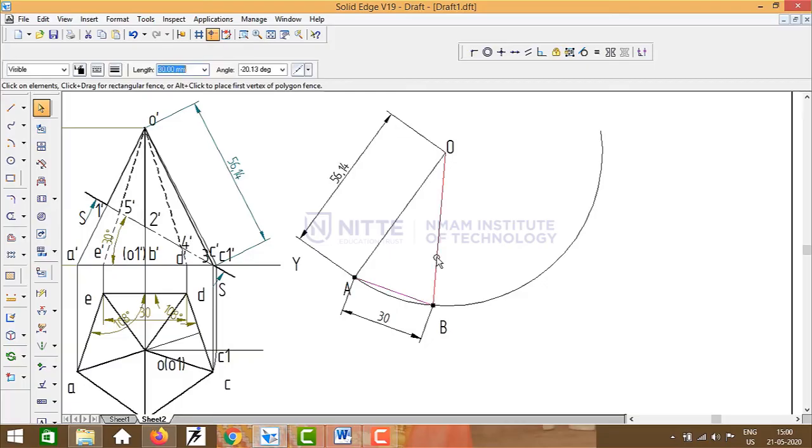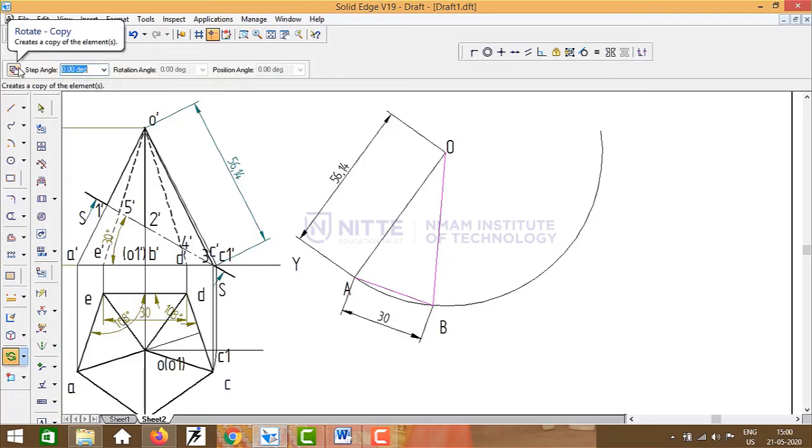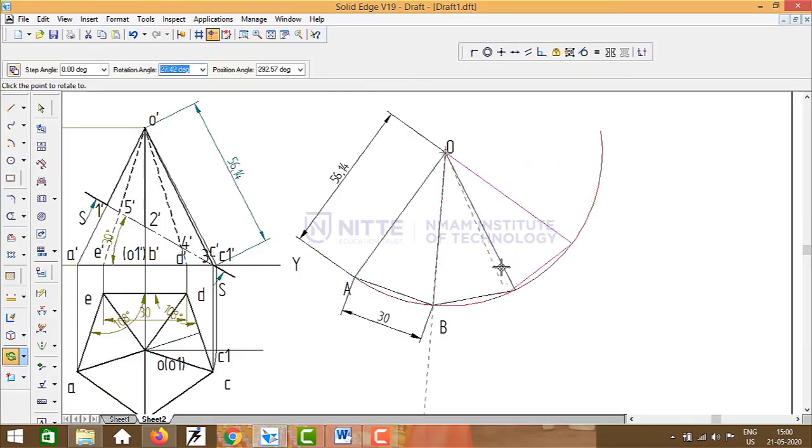So select these two edges, the base edge and OB slant edge. Go to rotate command, activate copy. Select O as center, A as the point to rotate from, and select B as the next rotate point. You are getting the second triangle.